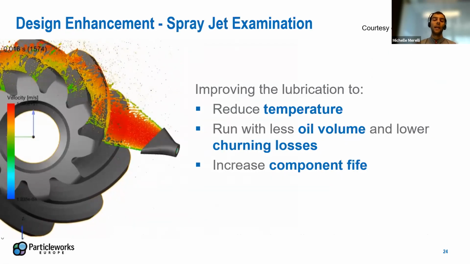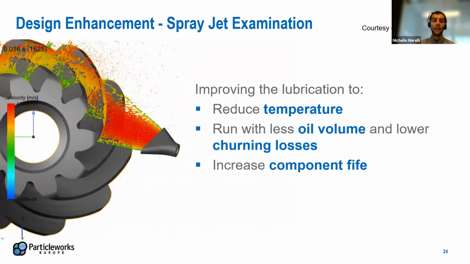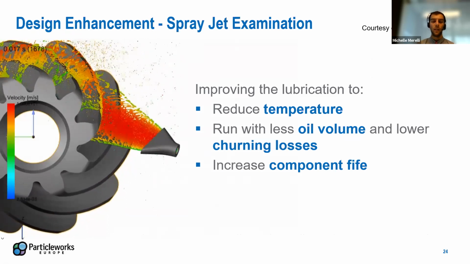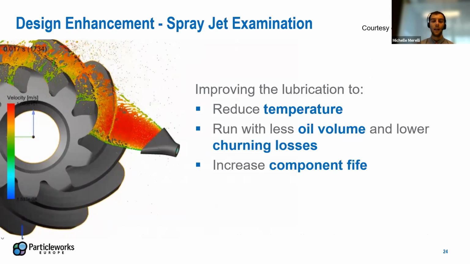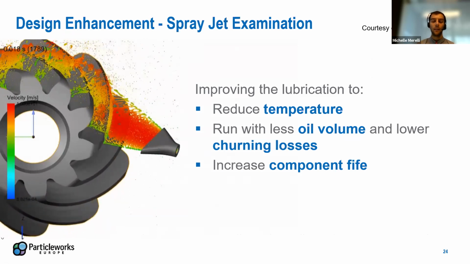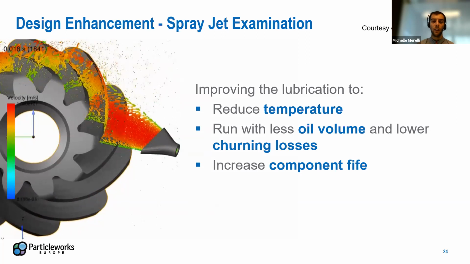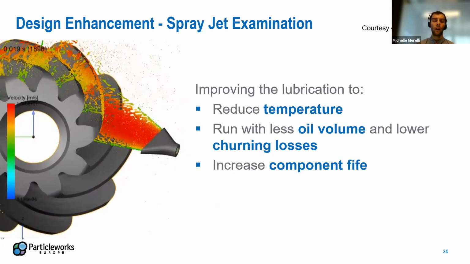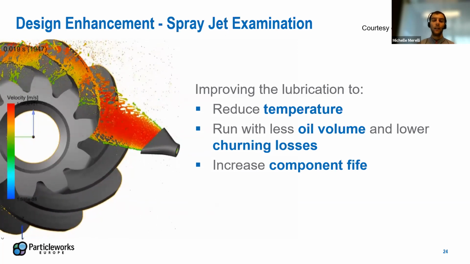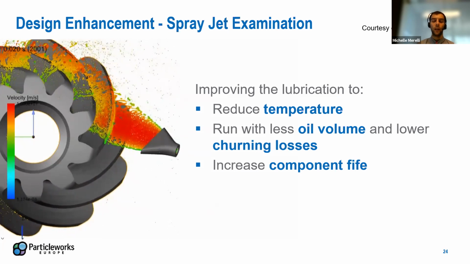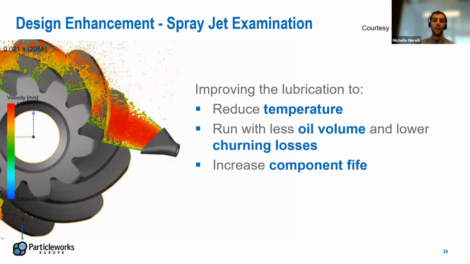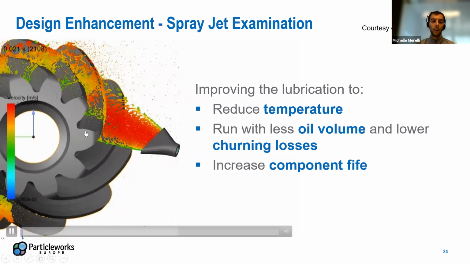We, of course, don't have only oil bath lubrication systems, but we can also analyze direct jets on the gears for more critical applications. In this case, for instance, we can analyze the oil distribution on the teeth of the gear.